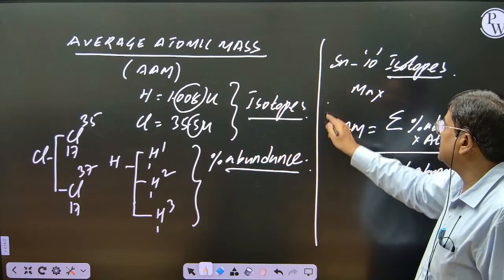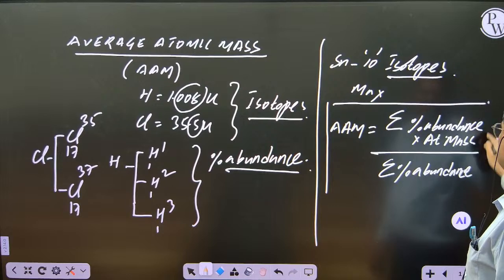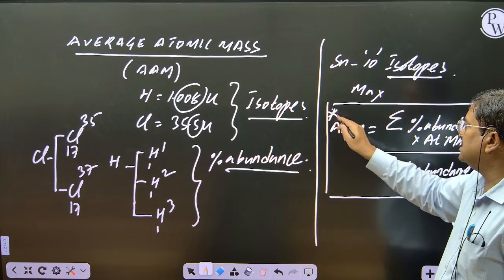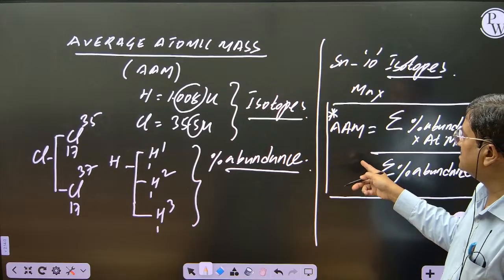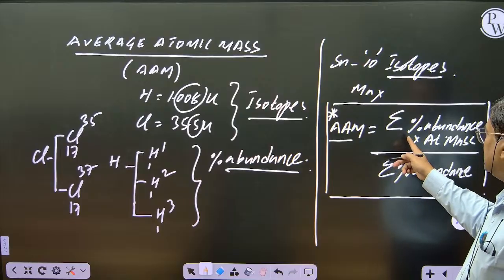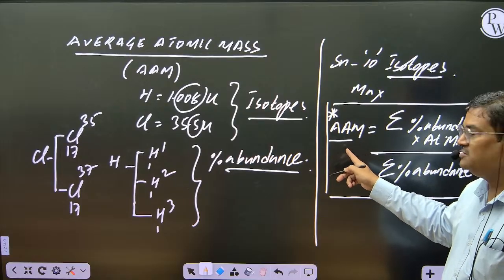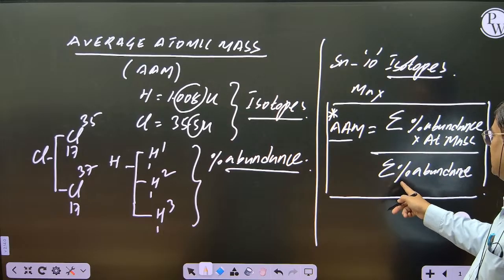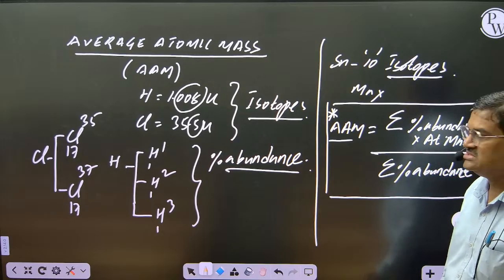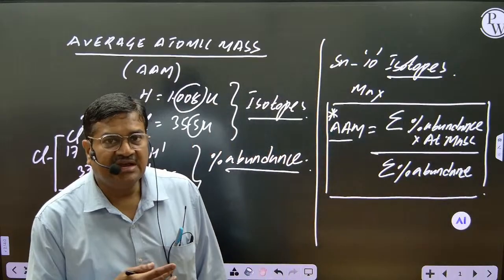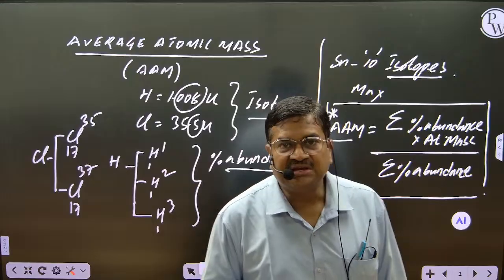This is the relation we wrote yesterday, and we did one problem on this. This is important in JEE Mains as well as in NEET. They are asking questions on average atomic mass. Given percentage abundance and atomic mass, we get average atomic mass. All of you understood this. Once again I repeated this for continuity's sake.